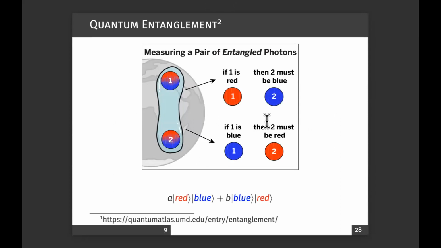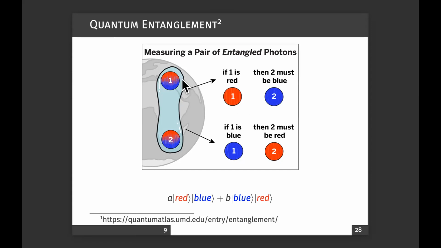Another concept of quantum theory is entanglement. It's possible to have two quantum particles entangled with each other, which means that when you measure one of the particles, the other particle will automatically have a definite value as well.